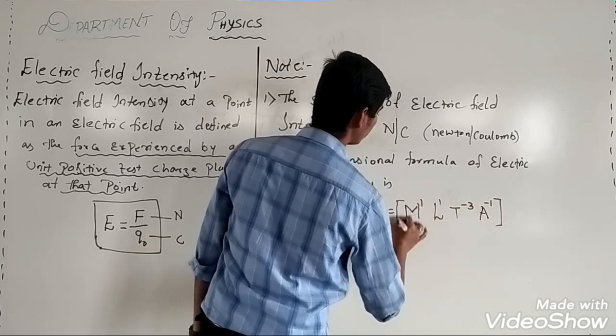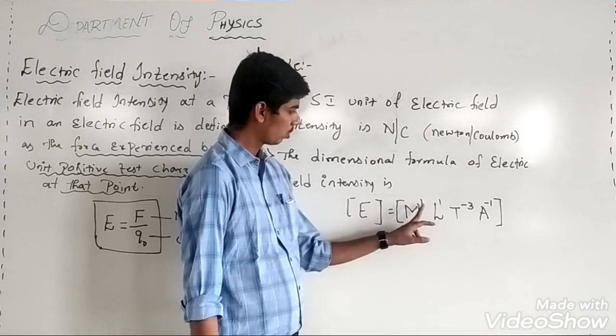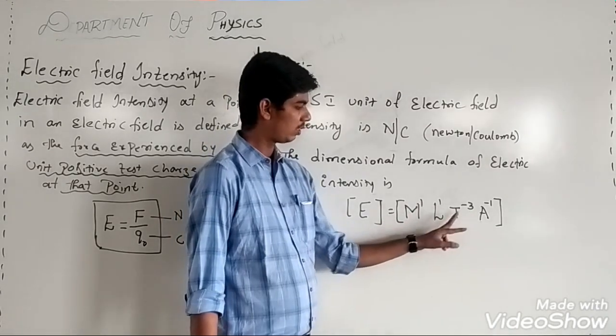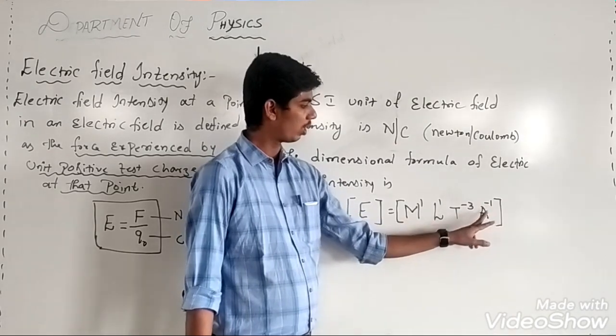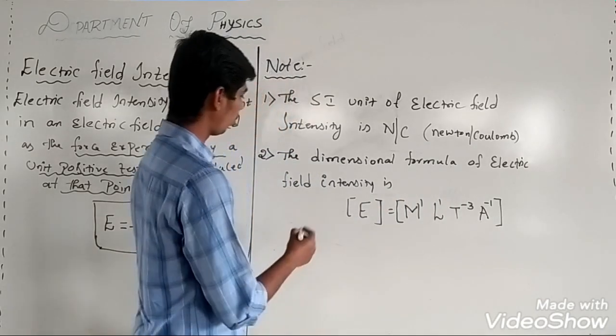This is the dimensional formula for electric field intensity. Electric field intensity is 1 in mass, 1 in length, minus 3 in time, and minus 1 in current. A represents electric current.